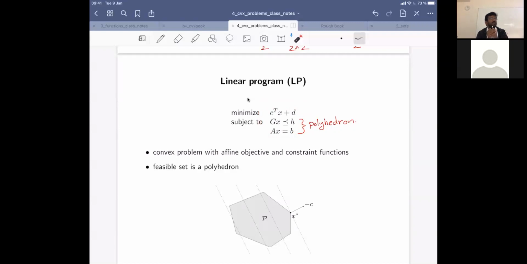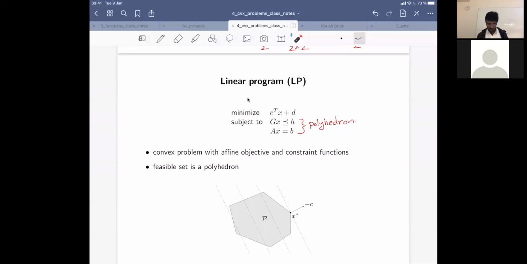You don't need to worry about it. If you have an SOCP or SDP or LP, you know that it can be very easily solved. That's why we are getting familiar with these standard forms, so that if you have such a problem, you don't need to quit. You can be very happy.